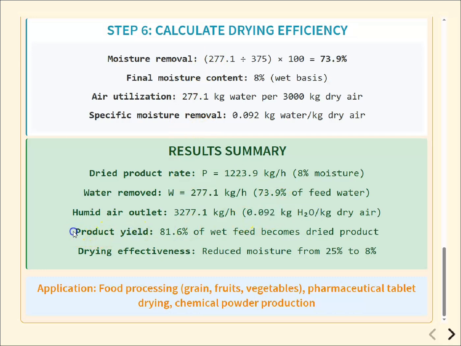Product yield we can easily calculate, that is 81.6% of the wet feed becomes dried product, and drying reduced moisture from 25% to 8%. This type of calculation you can use in food processing industry, pharmaceutical tablet drying, and chemical powder production.